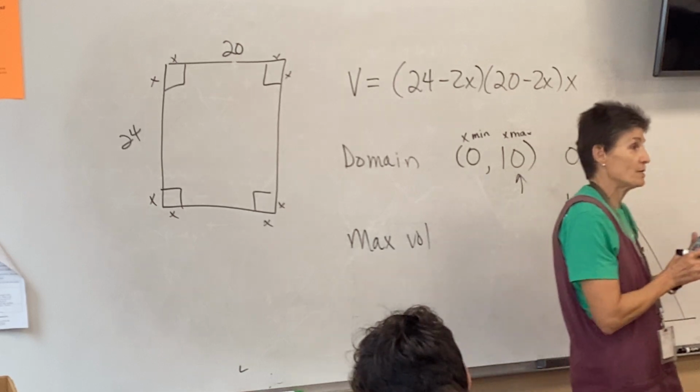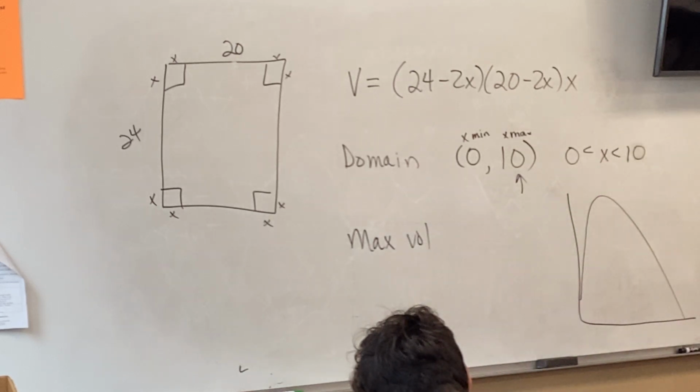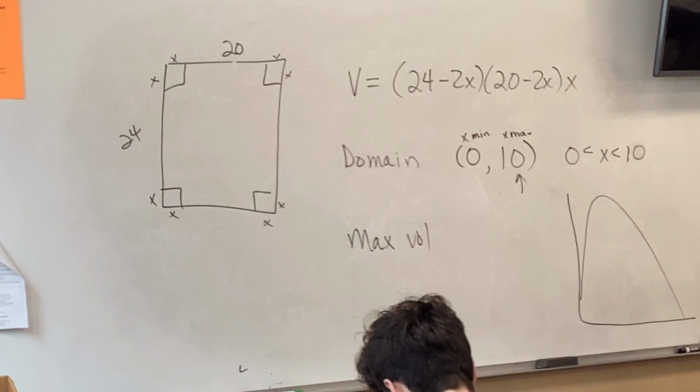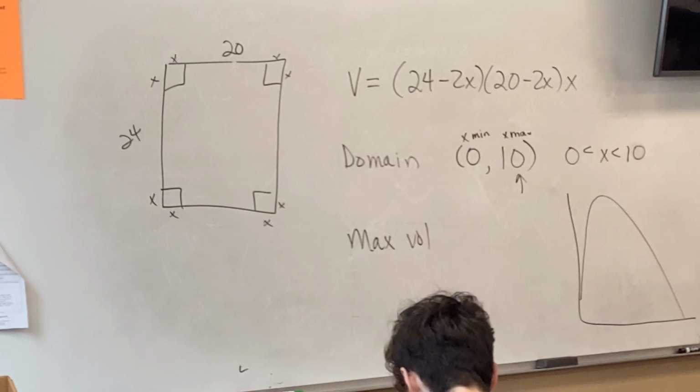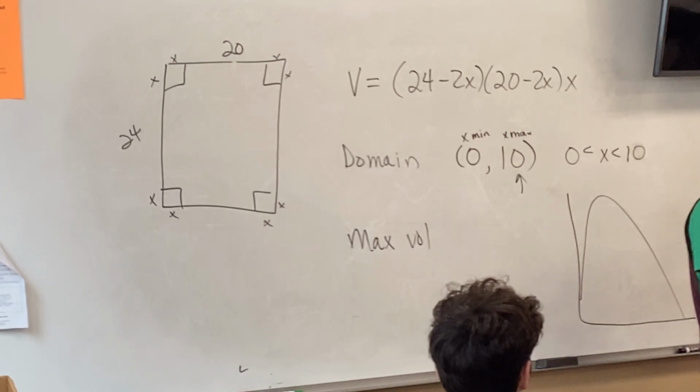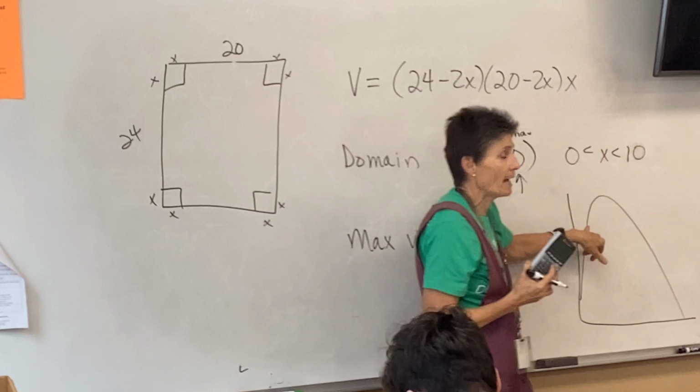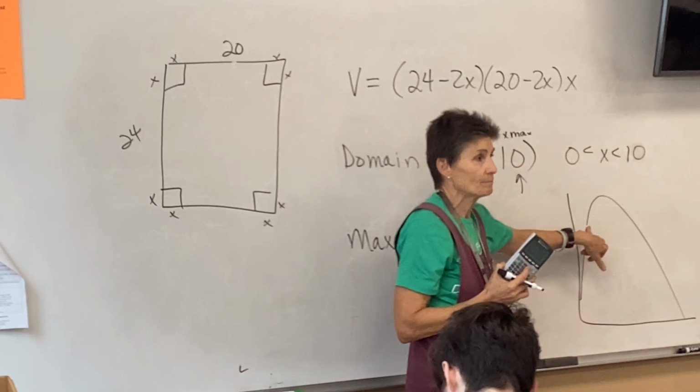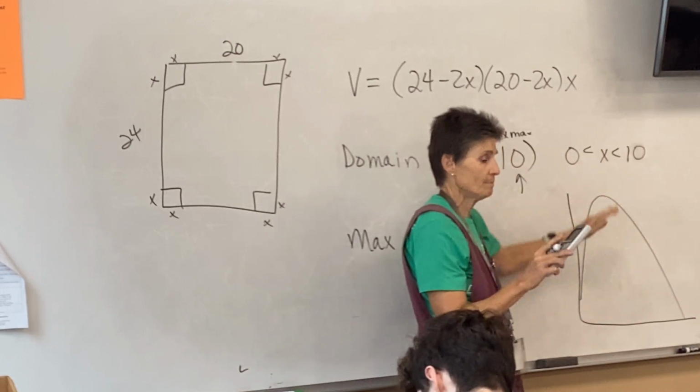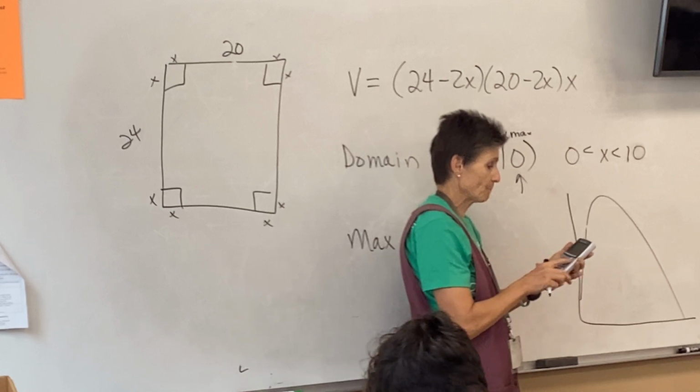All right, so I got my picture now. Second calc, or second trace, choose maximum and hit enter. Move the cursor till it's on the left side of the peak, on the upward side of the mountain. Press enter.